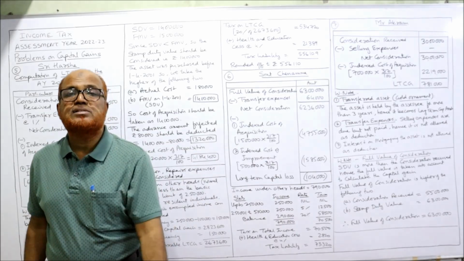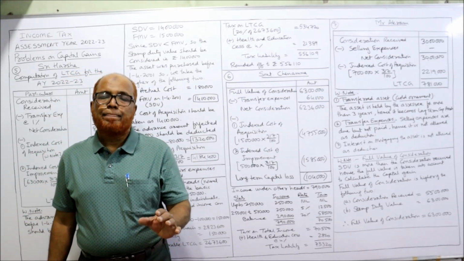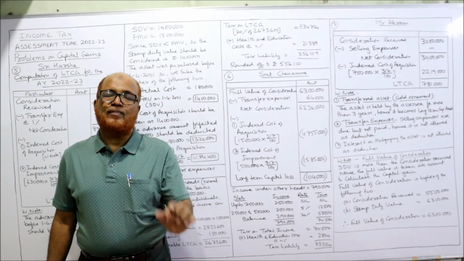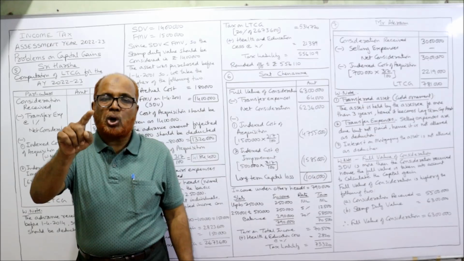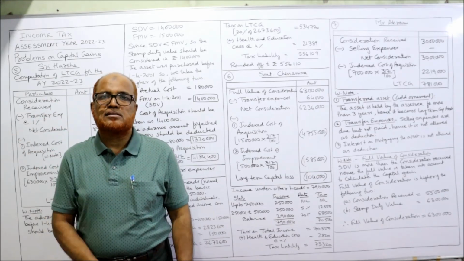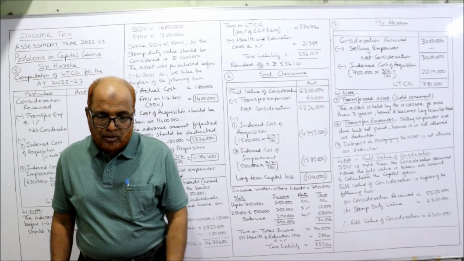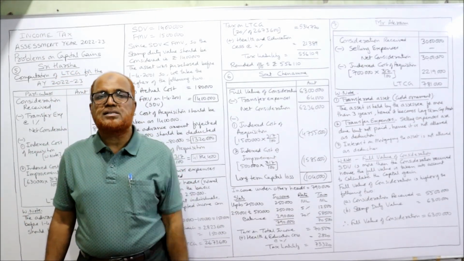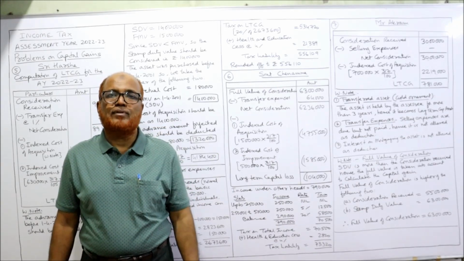Stamp duty value is 16 lakh. But again we'll see, while calculating the cost of acquisition, the fair market value should not exceed the stamp duty value. It should be less. So here it is less. Fair market value is only 15 lakh, whereas stamp duty value is 16 lakh. Don't take stamp duty value. You have to take the fair market value, FMV, 15 lakh.